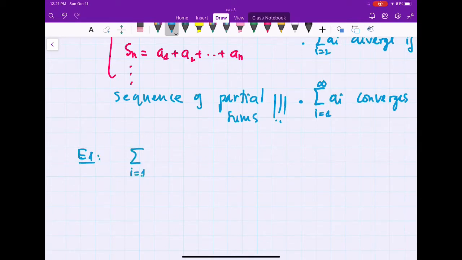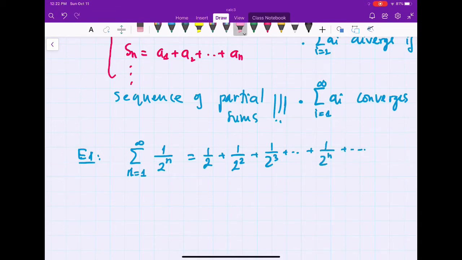Sum n from 1 to infinity of 1 over 2 to the n. So if we spread this out, we have 1 over 2 for n equal to 1, plus 1 over 2 squared, plus 1 over 2 cubed, plus so on, plus 1 over 2 to the n, plus so on.